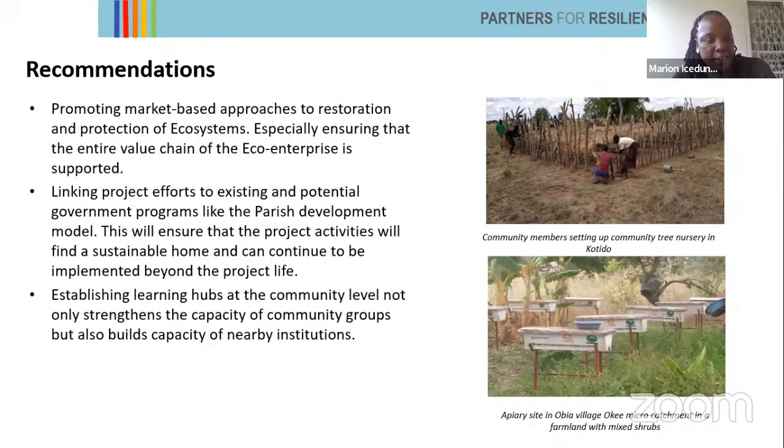And last but not the least, establishing learning hubs within the communities themselves really encourages learning beyond the community to also other institutions, because dealing with local communities that have limited access to information, these local hubs also enable, for example, primary schools to come and learn about climate change adaptation, about ecosystem management and restoration, and be able to replicate this in their homes, but also in their schools.